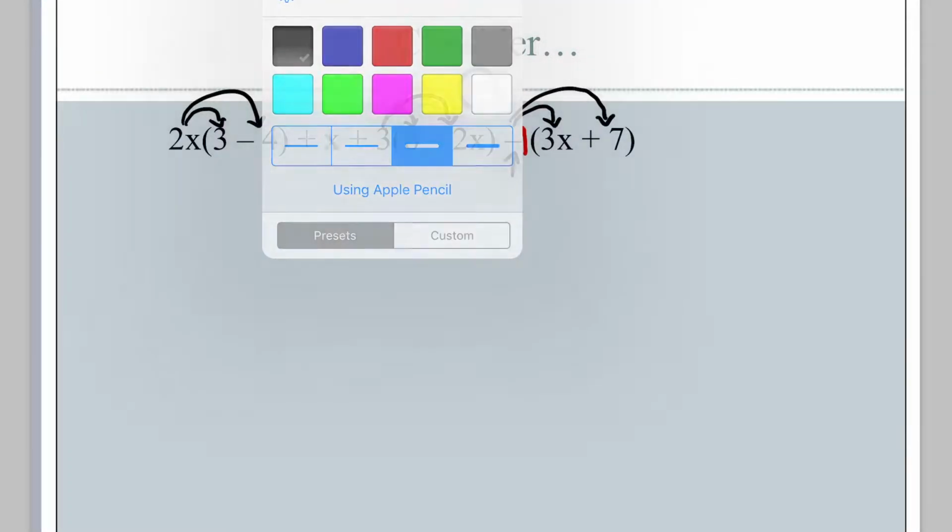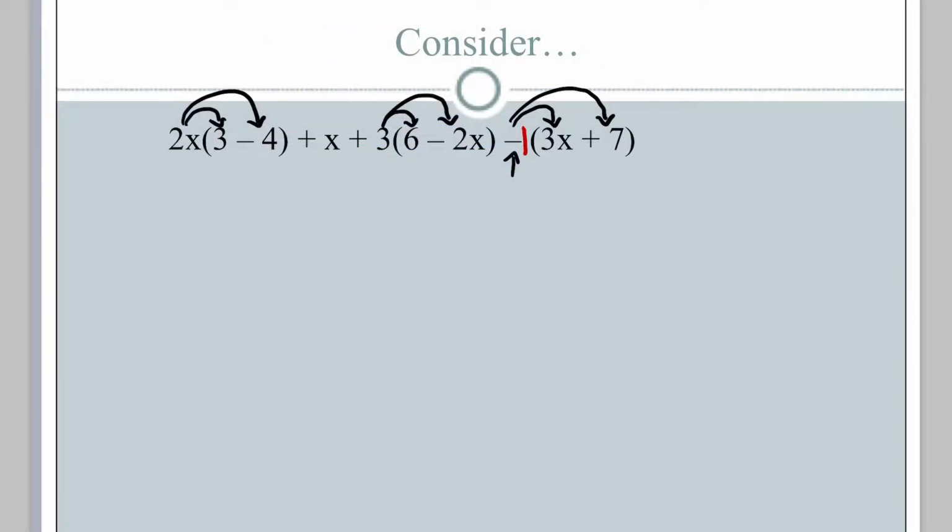And so distributing these terms, I have 2x times 3, let's just do it this way, plus 2x, because that is a positive 2x, times -4.